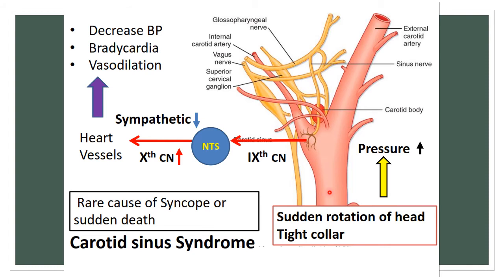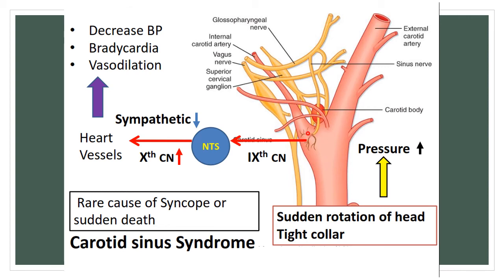So on both sides, the common carotid artery extends upwards and enters the carotid triangle, and it bifurcates into internal carotid artery posteriorly, external carotid artery anteriorly. So that is the brief introduction about the common carotid artery and its bifurcation and branches.